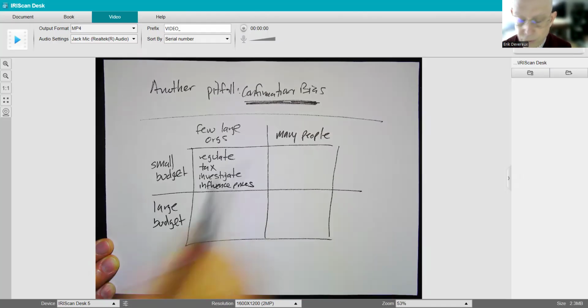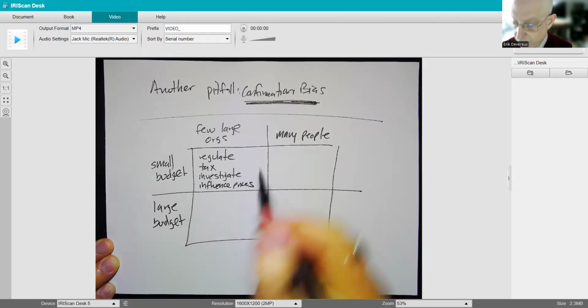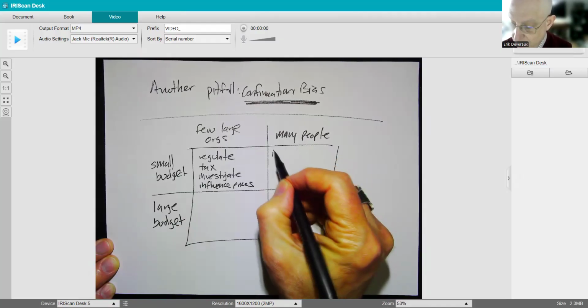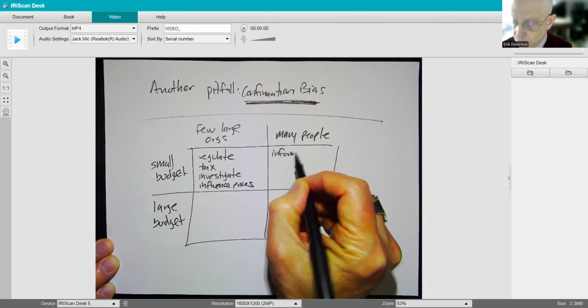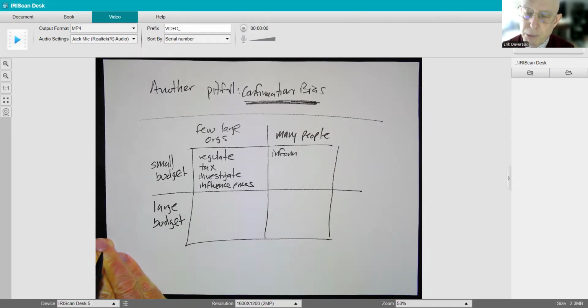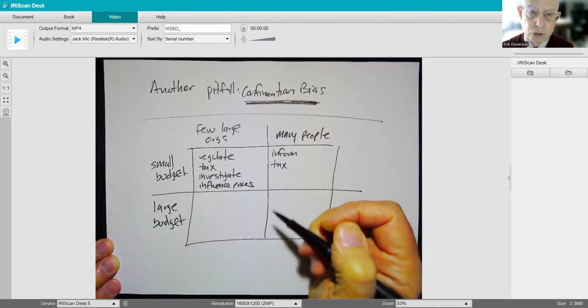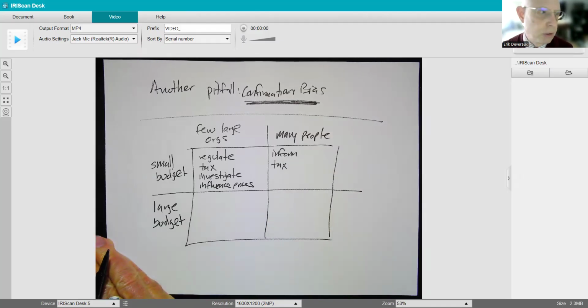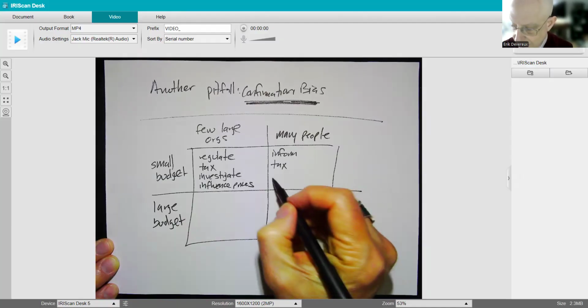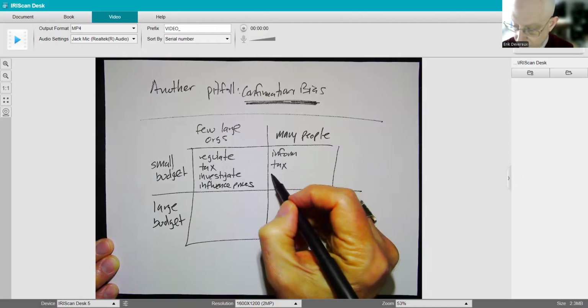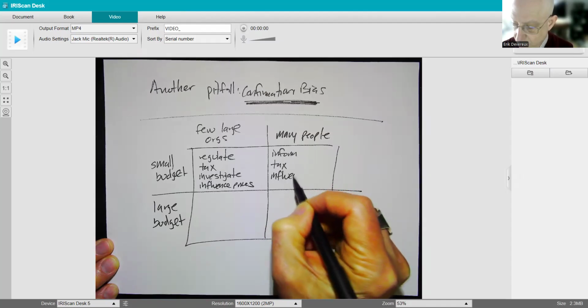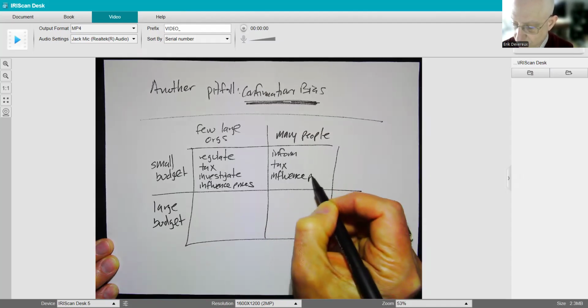But if you're trying to influence many people and you only have a small budget, then all you may be able to do with your small budget is try to inform a large number of people about the implications of their choices. Use what are called hortatory tools. Yes, you can tax them, but you're going to have a workforce that can make sure that they are complying with the tax. And again, here you also can influence prices. And price influence may be one of your best ways to try to shape behavior.